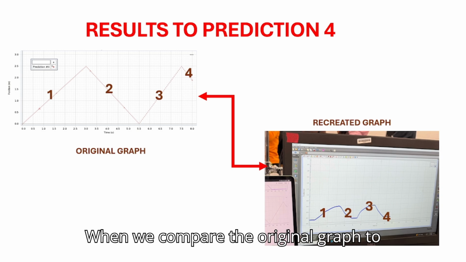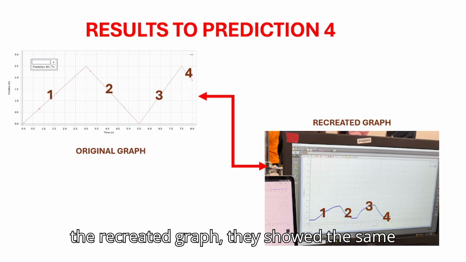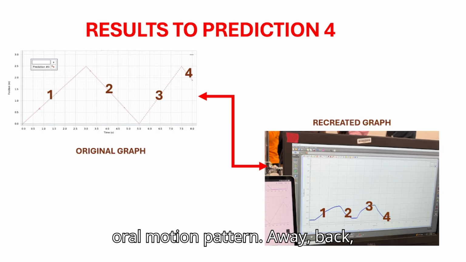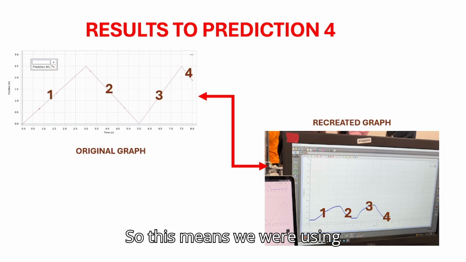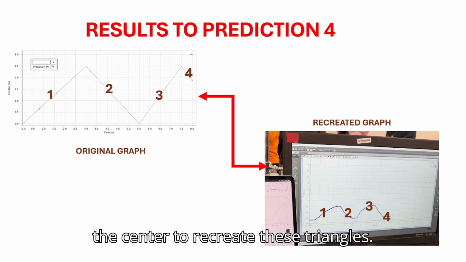When we compare the original graph to the recreated graph, they show the same overall motion pattern: away, and back again. However, the recreated graph was made using a phone connected to a motion sensor. So this means we were using the phone as an object to move close and away from the sensor to recreate these triangles.